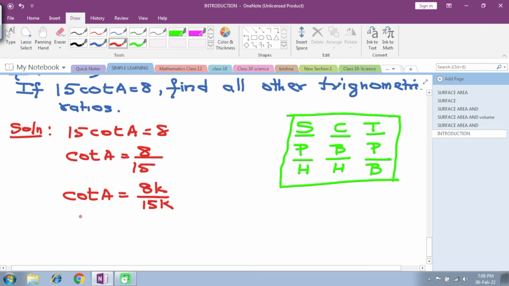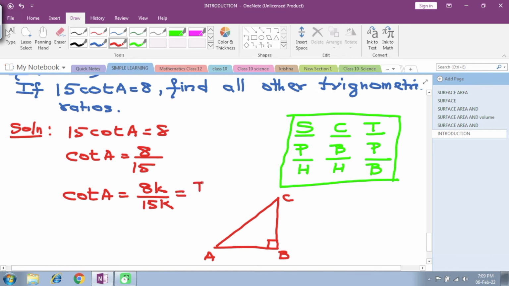Now to solve this, I have to draw a triangle. It is necessary when you do these kind of questions. Now this is A, this is B, and this is C. This is hypotenuse. This is base and this is perpendicular. What is cot?